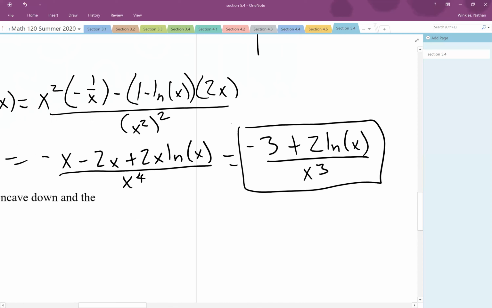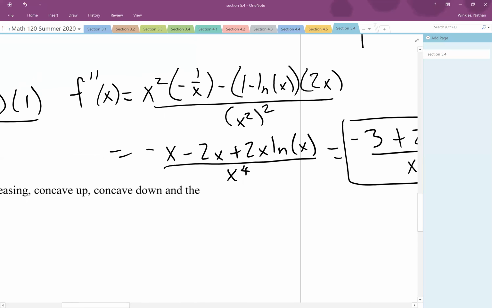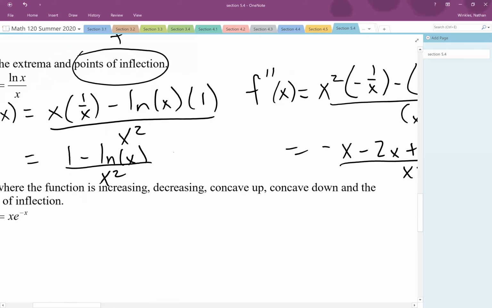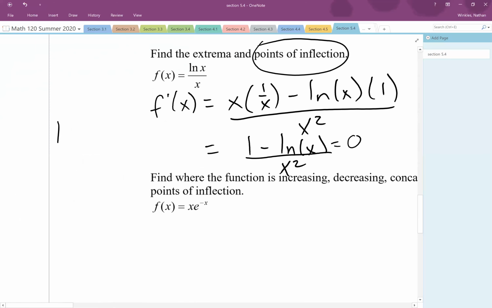Now, since we started with a natural log of x, x had to be greater than 0, so x equals 0 is not in our domain. So we do not have to worry about that in either case. So when we set this one equal to 0, 1 minus ln x equals 0. 1 equals ln x.